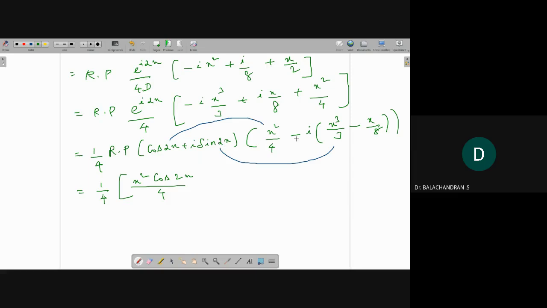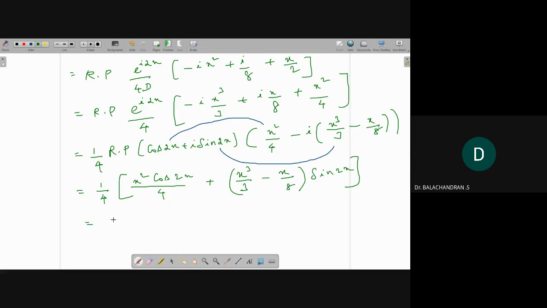And if I multiply here, i into i square, minus, so plus x cube divided by 3 minus x by 8 into sin 2x. So you should do it carefully. Okay, so this is the final answer.